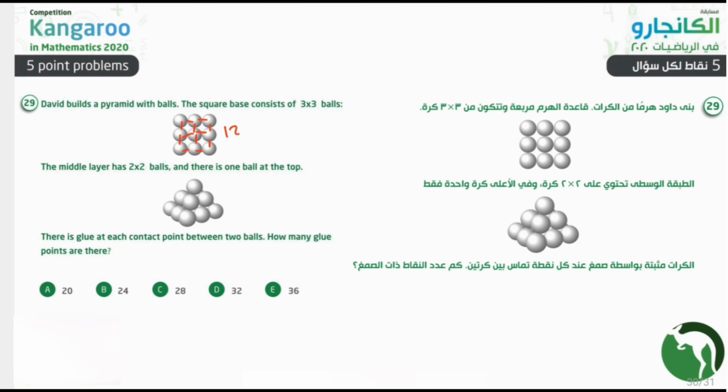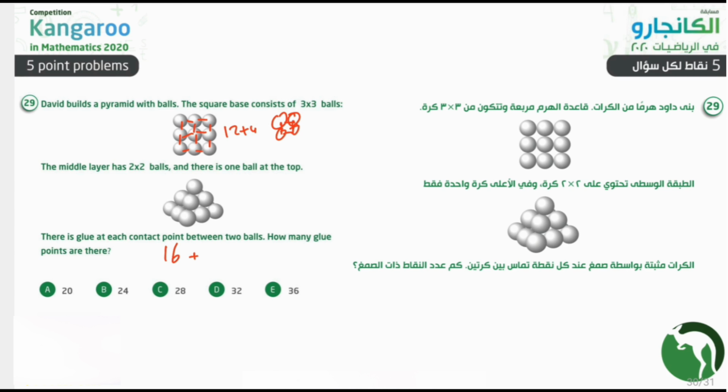So we have 12. In the second layer, we have 4 balls, so here we have 1, 2, 3, 4. So we have 4. In the third layer, we don't have any connection because we just have one ball. So till now we have 16 horizontally.